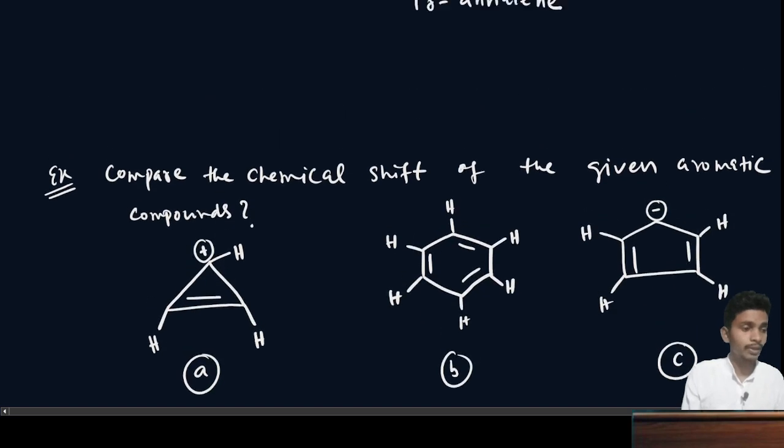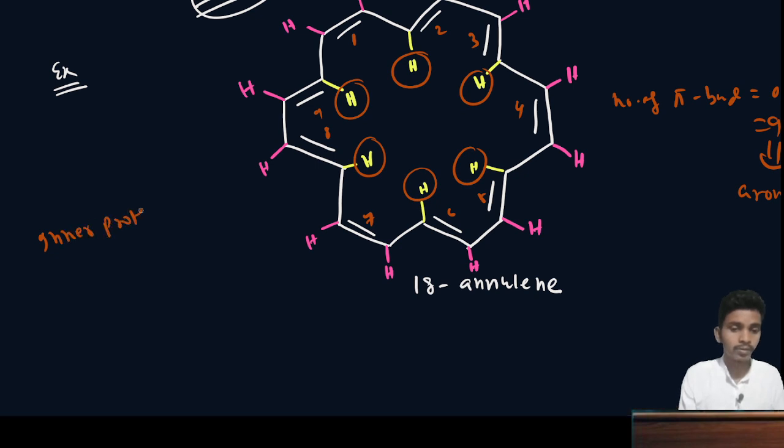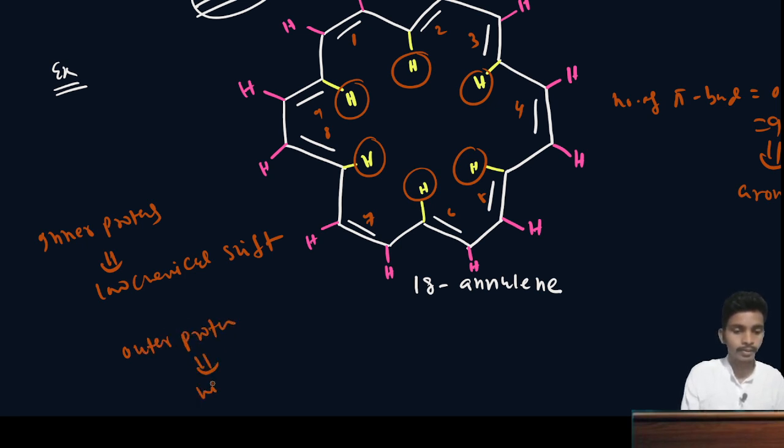So for aromatic, what we have seen is that inner protons have low chemical shift, and outer protons have high chemical shift. It means that all the inner protons have a low chemical shift, and all the outer protons have a high chemical shift.